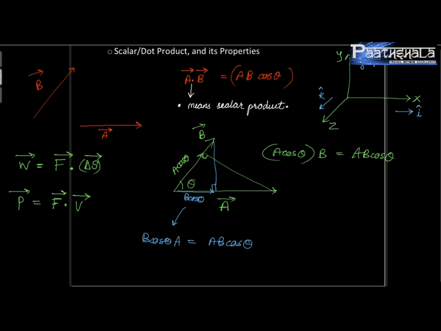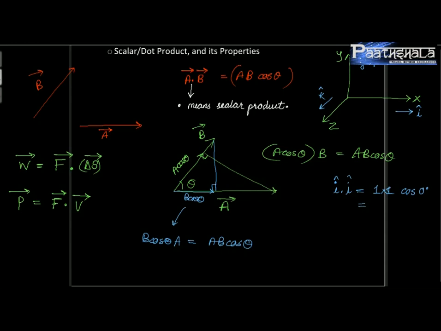Let us try to find out the value of i hat dot i hat. According to the definition of dot product, this value comes out to be 1, which is the magnitude of i hat, into 1, which is the magnitude of i hat again, into cos of 0. That is the angle between i hat and i hat. i hat and i hat point in the same direction and hence have a 0 angle between them.